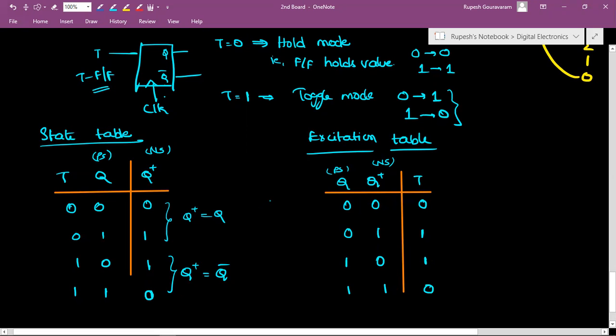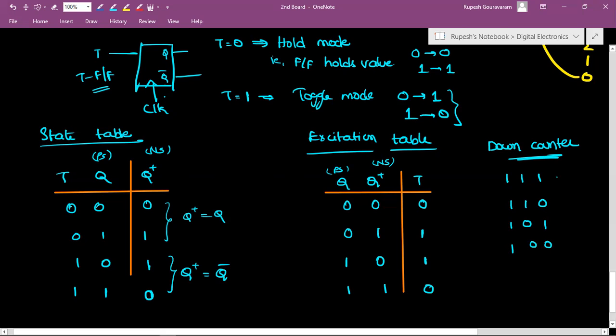So now we need a 3-bit down counter. So in a down counter, what happens? The values will go from, first value will be highest, right? That is 1, 1, 1, then 1, 1, 0, then 1, 0, 1, 1, 0, 0.